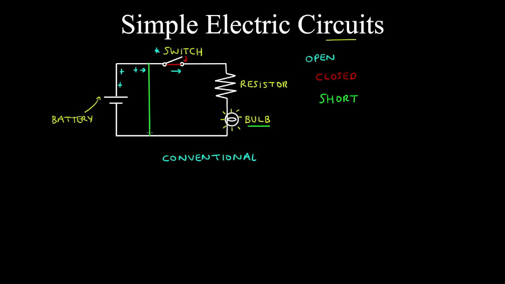So because we created this short circuit, the current would flow along this path of least resistance, and therefore the bulb would not light up in this case. But instead, you get uncontrolled flow of current through the battery, and you'll short the battery, basically damaging it.